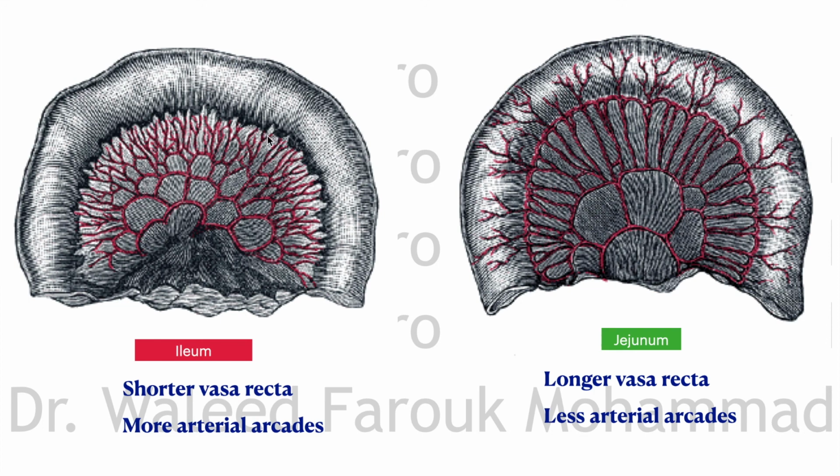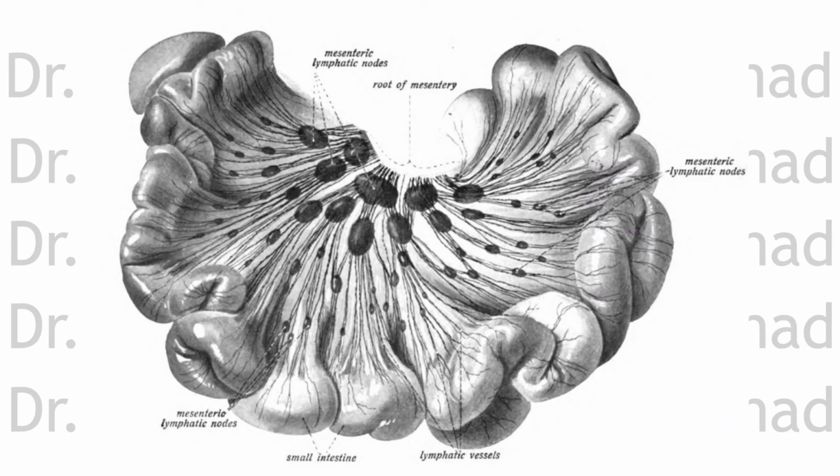The vasa recta are short and there are more arterial arcades. They call these windows between the arcades. More windows and more arcades. But as you can see here in the jejunum, there are longer vasa recta, due to the fact that fewer arcades are formed at the jejunal part. This is a major difference between the blood supply of the jejunum and the ileum.